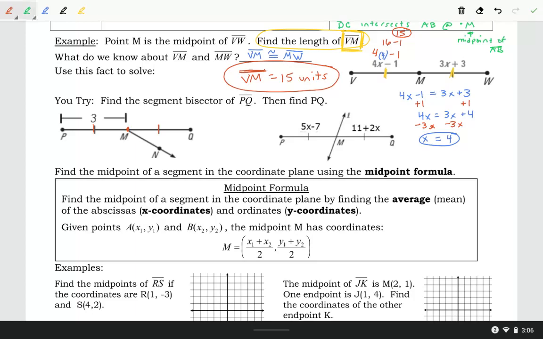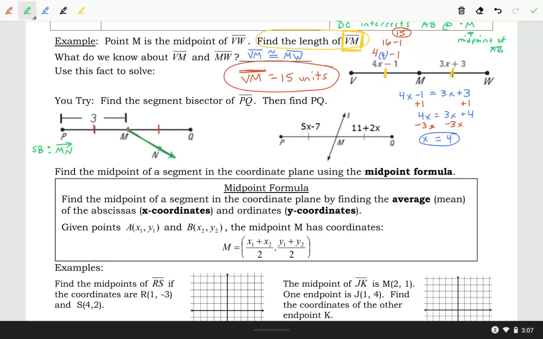Now, what is our segment bisector? Well, in this case, we have a ray because it has an endpoint on one end and an arrow on the other end. So our segment bisector is ray MN.